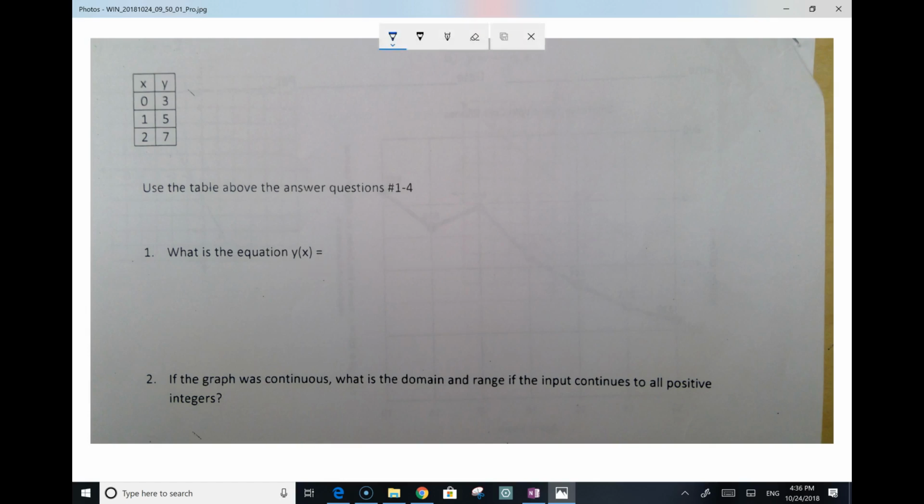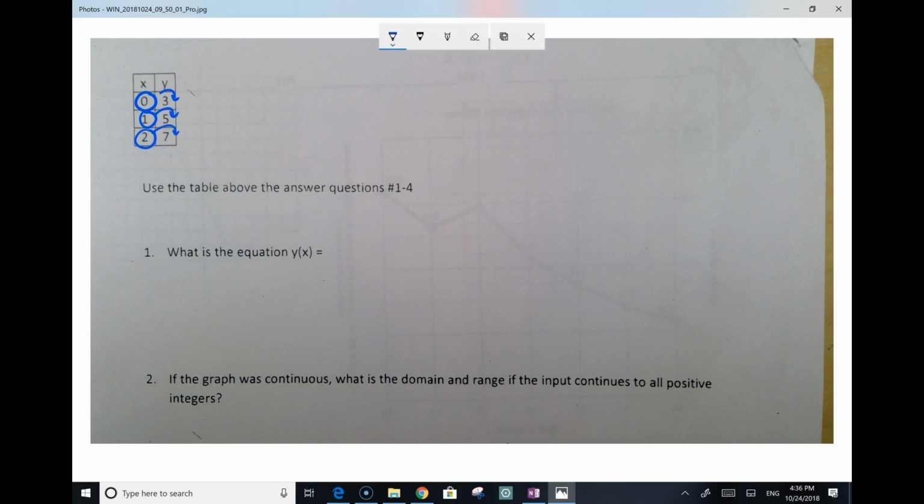Well, in order to answer this question, you have to be able to decipher the patterns that are occurring in the table. One way that you can do this is to consider what is being done to each input to produce the output. So every input leads to an output, right?